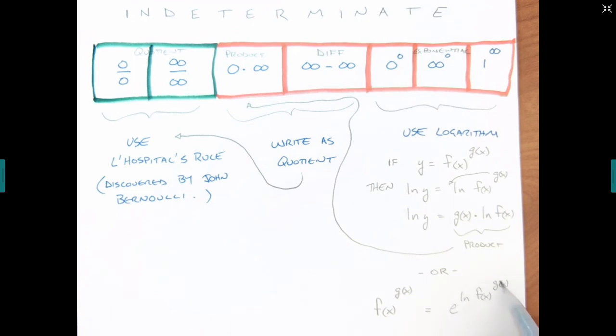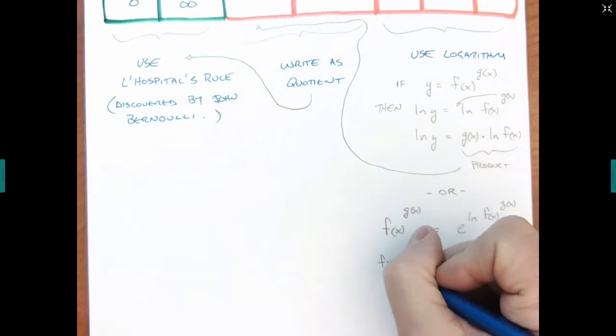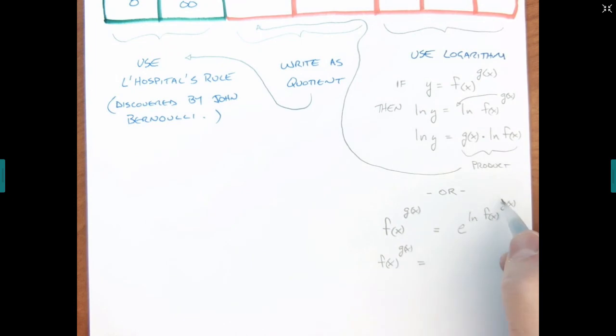So this is starting out with a true statement. And now I'll use, again, that property of logarithms. So f of x to the g of x power is equal to, and I'll just draw that arrow in there like I did before because it's the exact same thing going on.